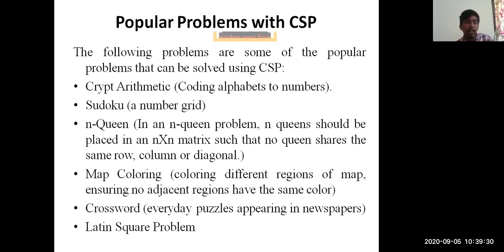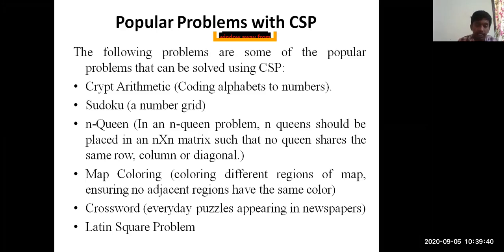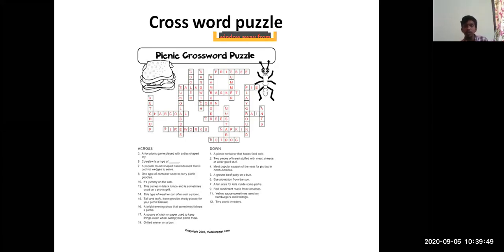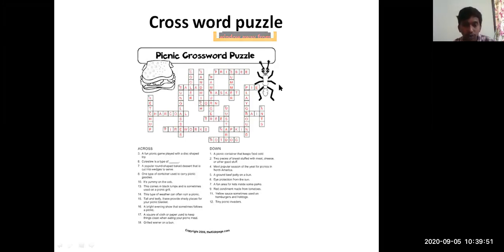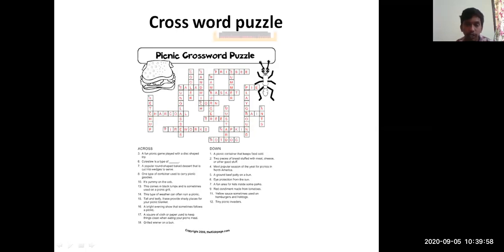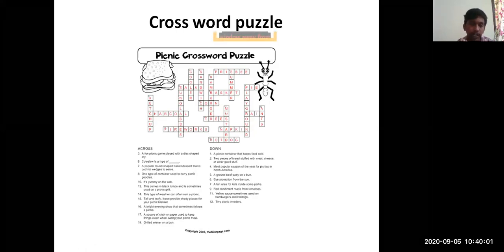Similarly, you have seen the A star algorithm previously. You have applied it to the 8 puzzle problem, and to graphs for traversal. In the same manner, the constraint satisfaction problem can be applied to a number of problems in the real world. This is one example. I want you to understand what a crossword puzzle is. Many of you might already know, but this is what we call a crossword puzzle. Depending on the alphabets of one word, you will get your further solutions.